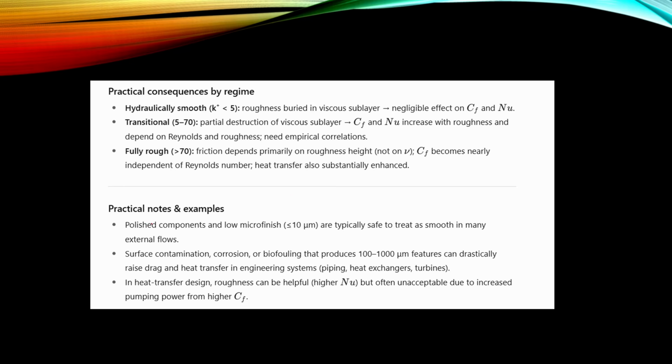In industrial cases, we can say that all polished components are smooth. But in some cases, for example, contamination and corrosion can create these kind of roughness elements, which can have a big effect on heat transfer and pressure drop.